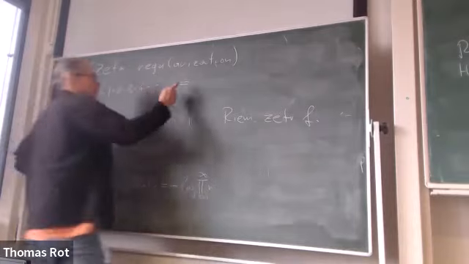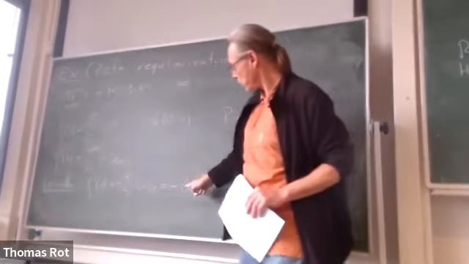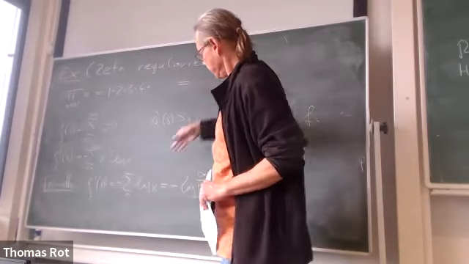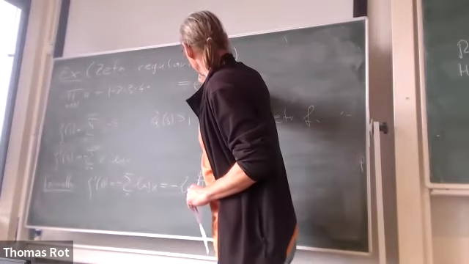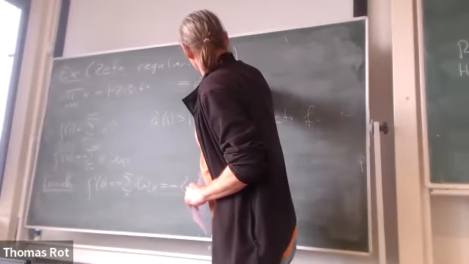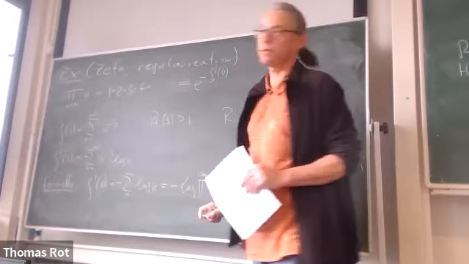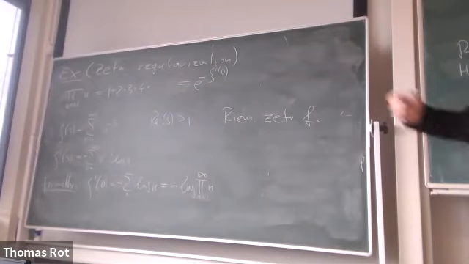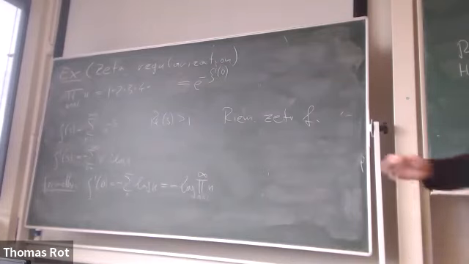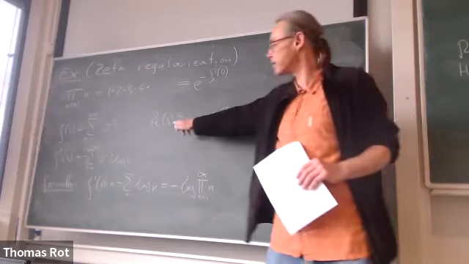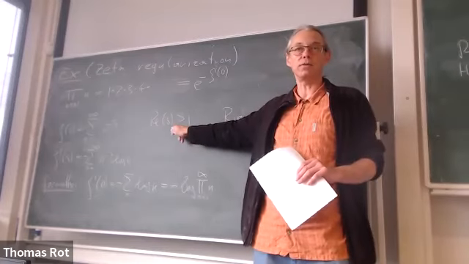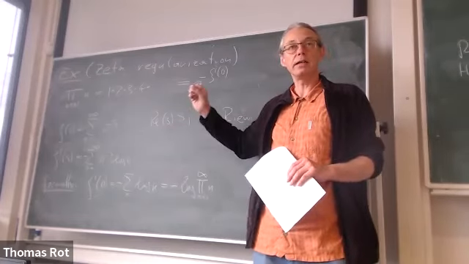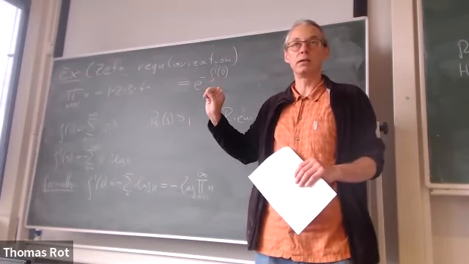So if we want to assign a value, we would be led to assigning the value e to the power negative of the derivative of the zeta function at 0. Well, and this zeta function is very well studied. In particular, the zeta function extends meromorphically to all of the complex plane. There's a single simple pole at s equals 1.